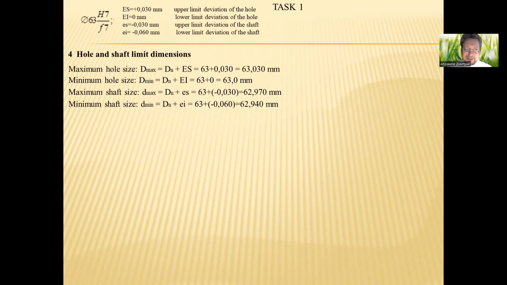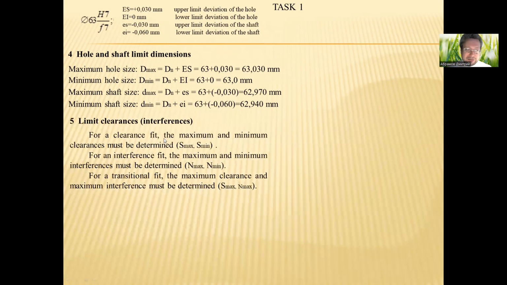Minimum shaft size, d minimum, small d, is equal to nominal diameter plus lower limit deviation. And we have 63 plus minus 0.06, and it's equal to 62.94 millimeters.